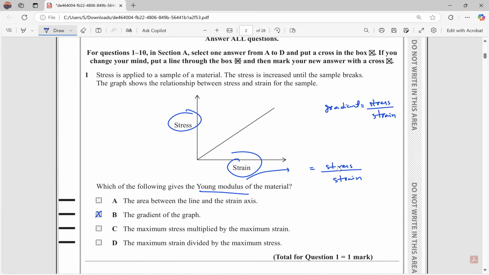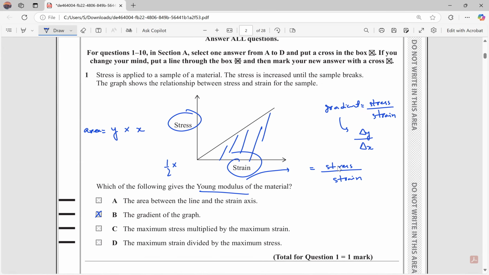But if you're given some strange kind of graph and you have to figure out what's the gradient or the area, remember the gradient is always the thing on y divided by the thing on x, while area under the graph is equal to the thing on y multiplied by the thing on x. Because if you were to find the area under the graph, this is a triangle, so you would be doing 1/2 times stress times strain, right?